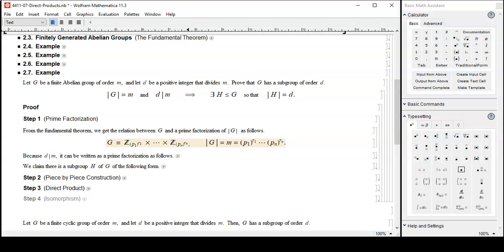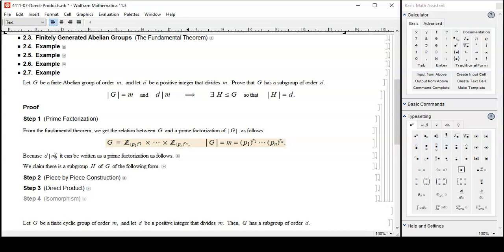I'm calling it a prime factorization, not the prime factorization, because there could be some duplicates. You see, here, those pi's are not necessarily all distinct. There could be some duplicates. Keep that in your mind.